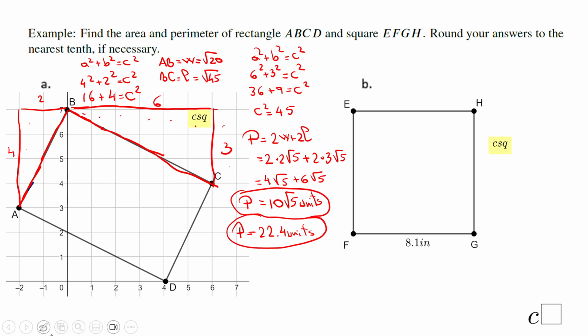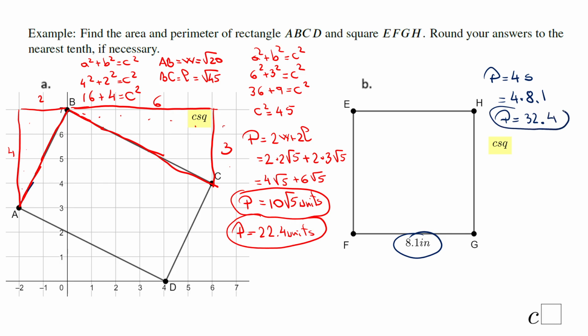Okay, let's go to the second problem, the square. The perimeter, if you remember, we have an easy formula here, 4 times s, s being this 8.1. It's going to be 4 times 8.1. So the perimeter will be 32.4. And this is inches.